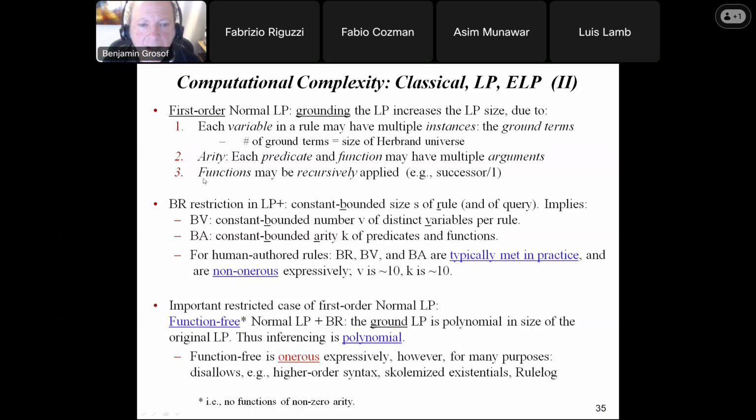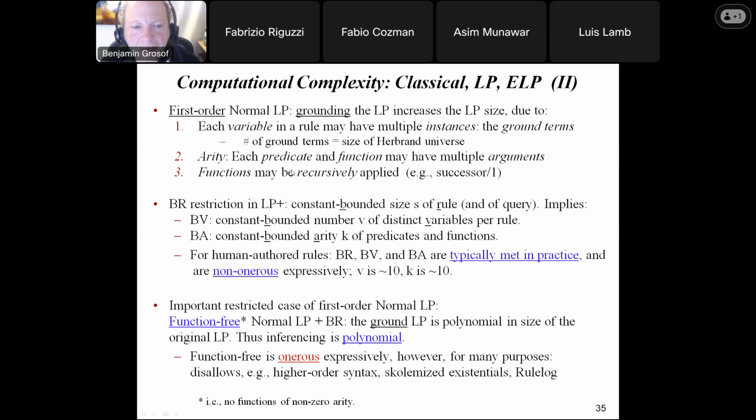I don't have time to go into answer set programs much, but I think that's an important observation. Now, suppose we go from propositional to first order in normal LP. Remember, normal LP was, for the propositional case, nearly linear, was quadratic. So here, grounding the LP increases the LP size, because each variable in a rule may have multiple instances, the set of ground terms. And each predicate and function may have multiple arguments, and functions may be recursively applied. So, boom, you're not decidable.